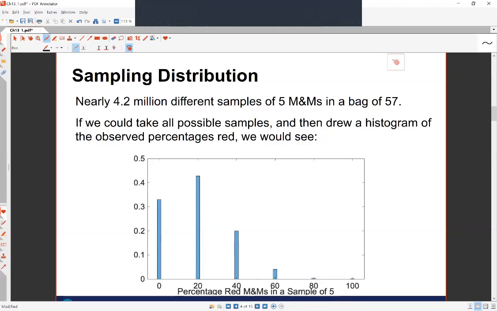So 1 of the 5 M&Ms being red. But it could be that in some samples we have 0. It could be that we have 100, but you'll see here the bar at 100 is really, really small. So that becomes a really implausible outcome, not impossible, but highly unlikely. So this graph that you're seeing, this histogram, this is referred to as the sampling distribution.